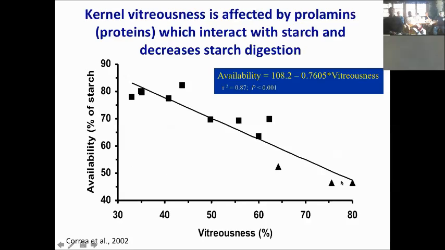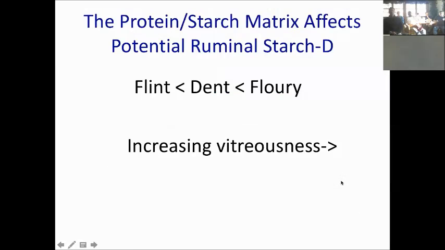And once you get past the pericarp, and if everything is equal from a particle size standpoint, the next thing that can cause differences in digestibility, even though those two other components are equal, is this protein starch matrix that has an effect on potential ruminal starch digestibility.